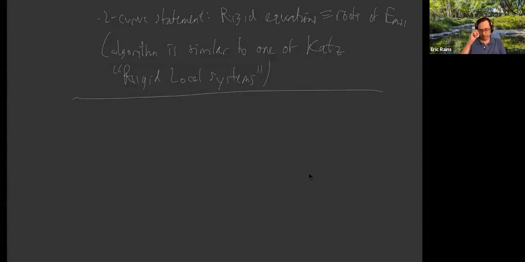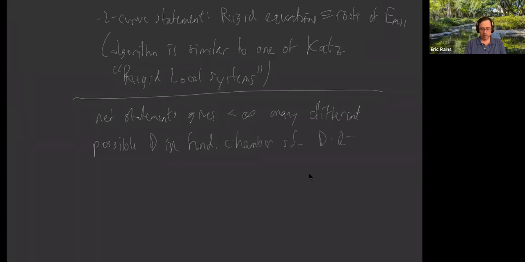Okay. And then the nef statement actually lets us find finitely many different possible D in the fundamental chamber such that D dot Q is 0 and D squared is 2g minus 2.